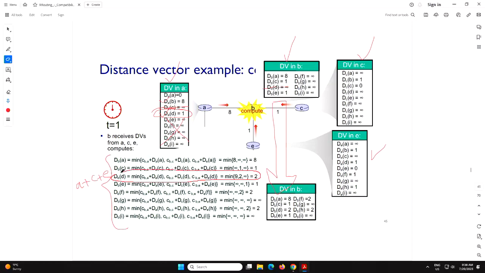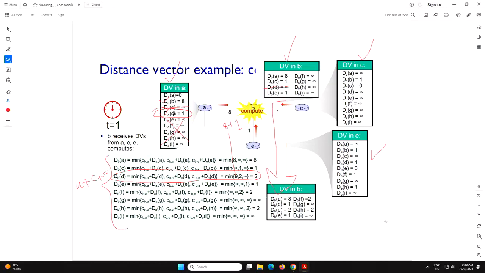And if I go via A, the cost would be 9, because it's 8 plus 1. I have to go to A, cost of 8, and A is telling me that I can go to D with cost of 1. Okay, so is that clear how I get 9? Any questions?